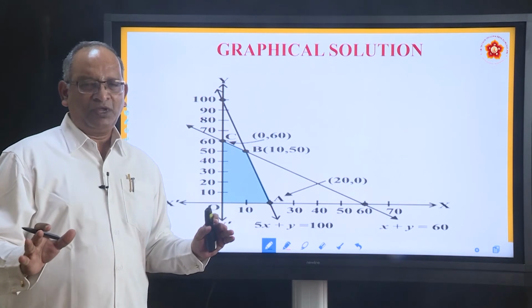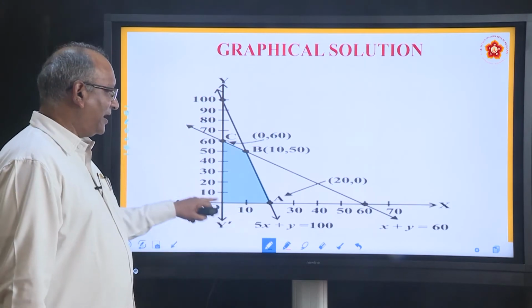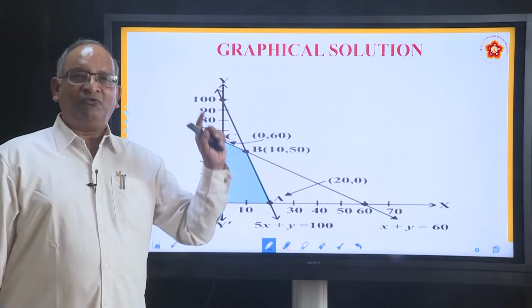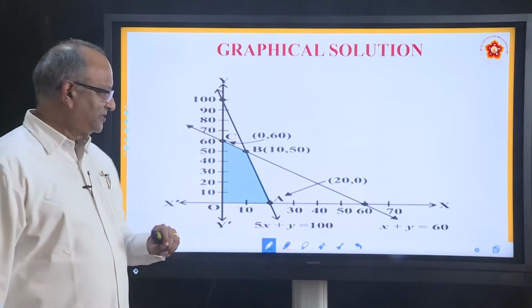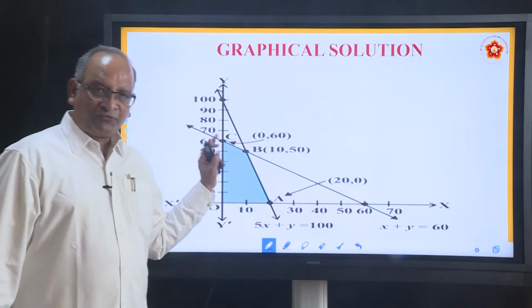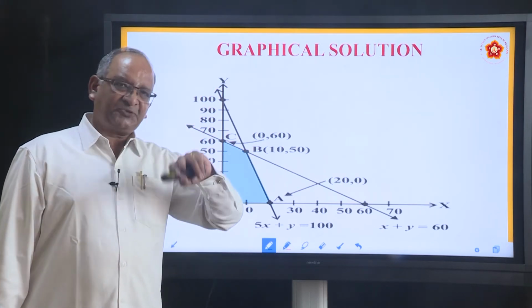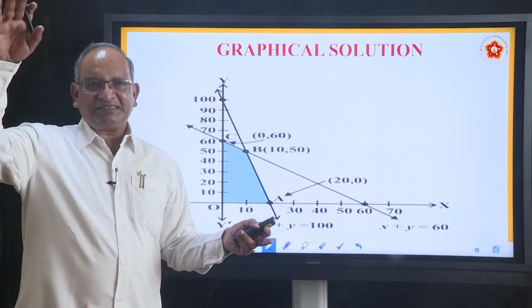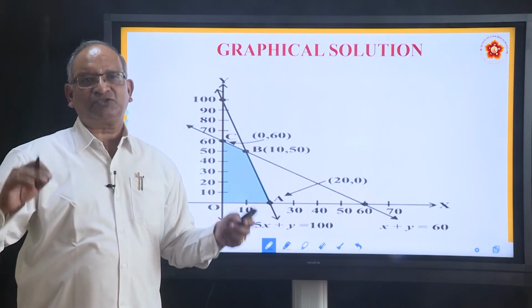And then find out this common area. And in this common area, after finding it out, find the corner points. Which are the corner points? O, A, B, C. Find out their coordinates. Substitute that in the optimization function Z. Whichever is giving you the maximum value, that is the solution.